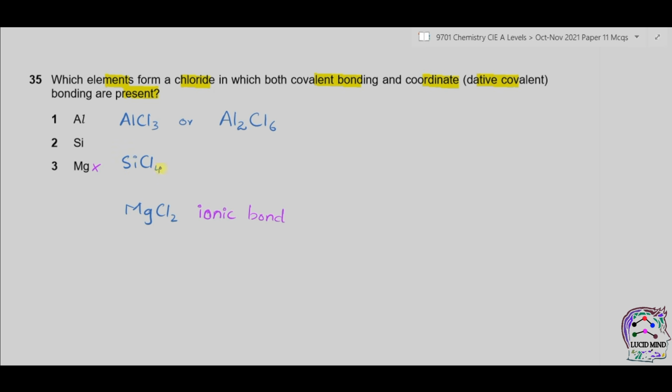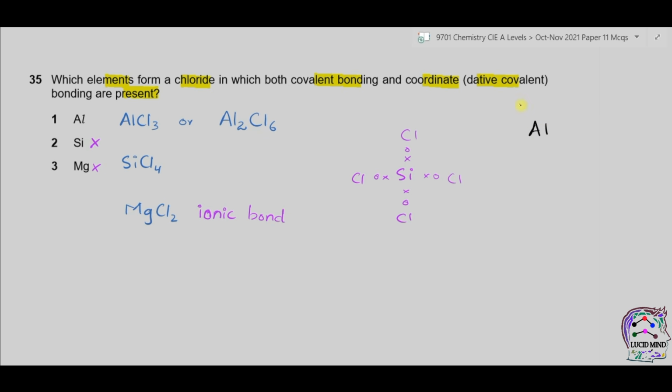In silicon chloride, we have 4 electrons in the outermost shell of silicon that are shared with 4 chlorine atoms. So only covalent bonding is present. There is no coordinate covalent bond. Third one is Al2Cl6, which is in the form of dimer.